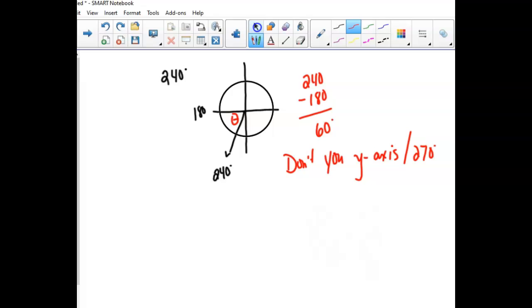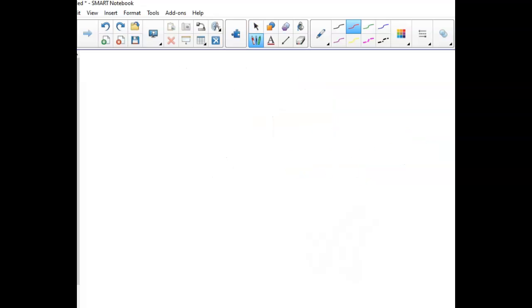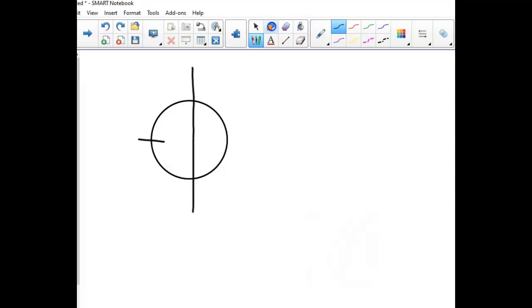Let's slide on over to the fourth quadrant and see what we need to do there. Okay, 300 degrees, and so we know that 300 degrees would be like all the way around over here.